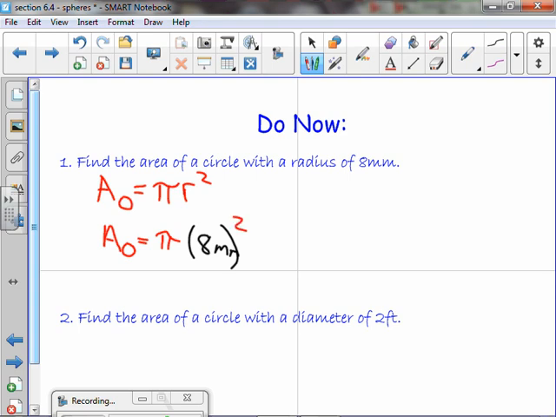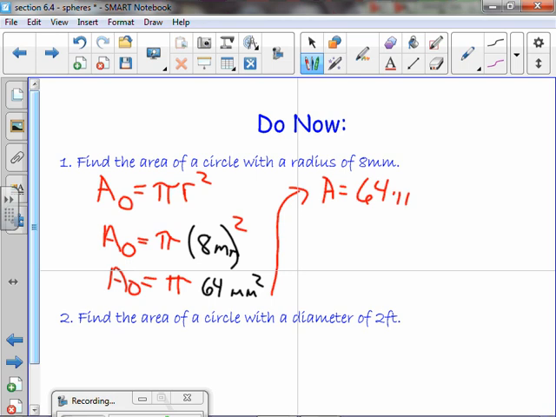Okay? 8 millimeters squared, 8 times 8 is 64, so I get 64 millimeters squared, because when you square millimeters, you get millimeters squared, and you have area of a circle equals pi times 64 millimeters squared, but the way that we normally write that is area is equal to 64 pi millimeters squared, because we like the number to go in front, the coefficient, the 64 right here. Okay? So the area is 64 pi millimeters squared.